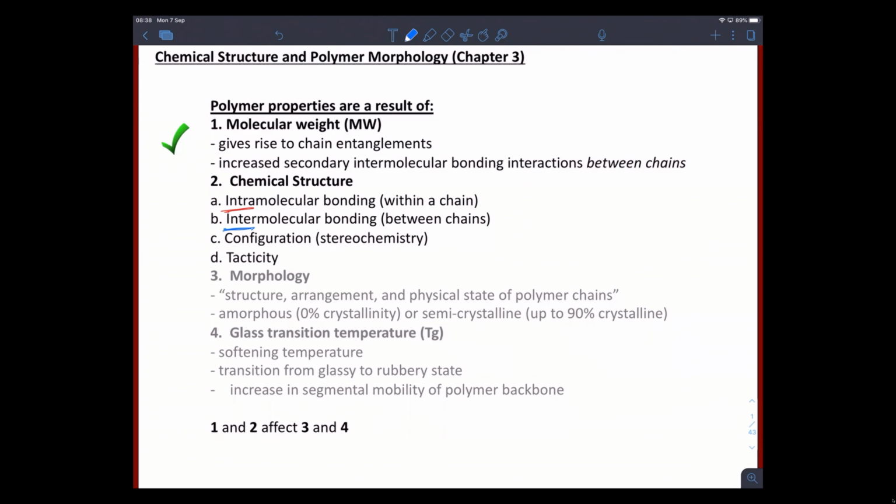And then we'll look at the morphology and how that affects the glass transition temperature. So the molecular weight and chemical structure affect 3 and 4, which are the morphology and the glass transition temperature. I'll also add that it affects the Tm, the melting temperature too. And we'll lightly discuss that.